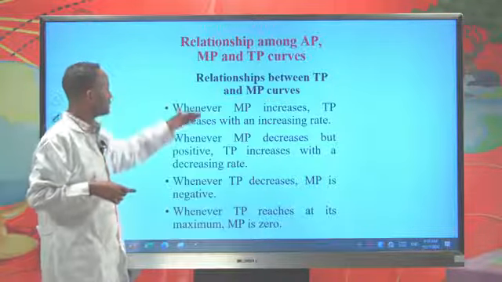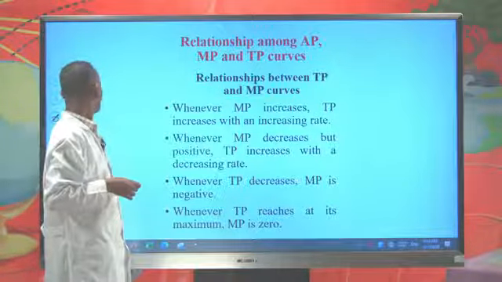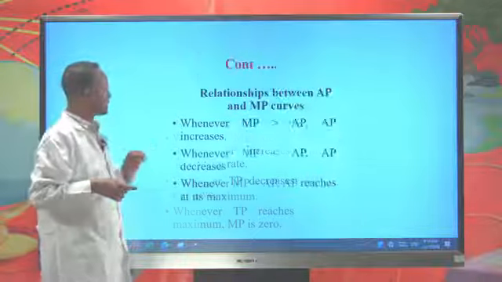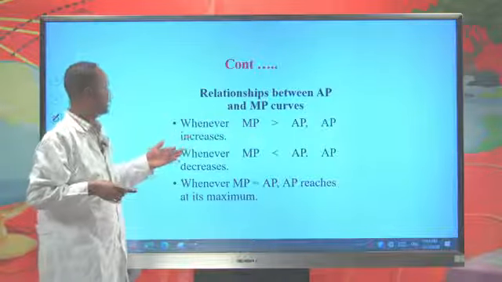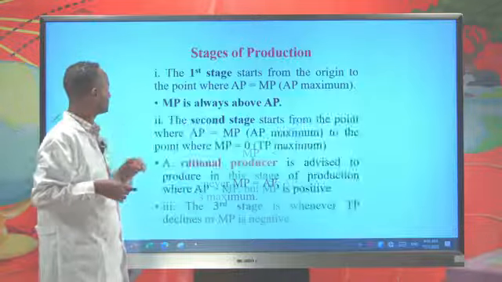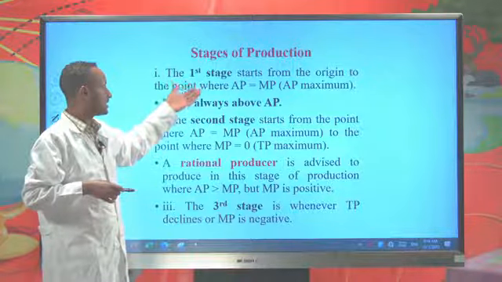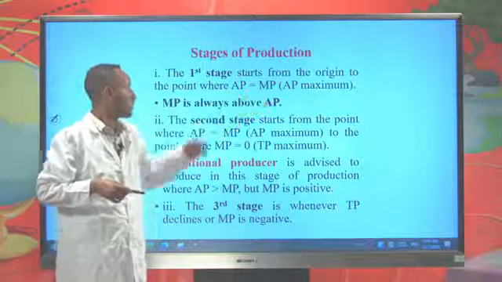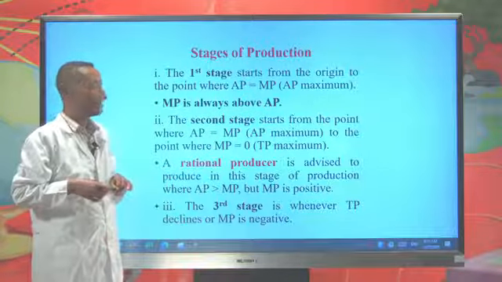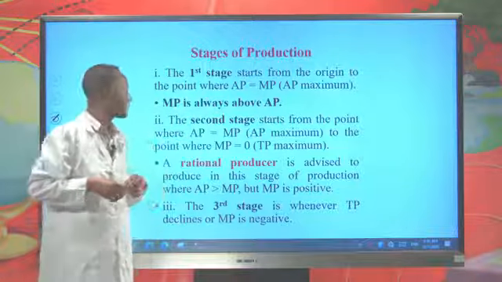This is about the relationships between TP and MP curves. This is the relationship between the AP and MP curves. And I told you the stages of production. The first stage starts from the origin to the point where AP is maximum, where AP is equal to MP. And in the first stage of production, MP is always above AP.